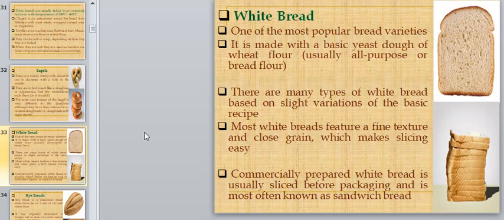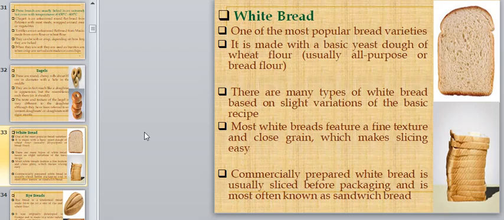So the next type is white breads. These are the most popular bread varieties because they are made with the basic yeast dough of wheat flour. There are different types of flours, just like there are different types of breads.